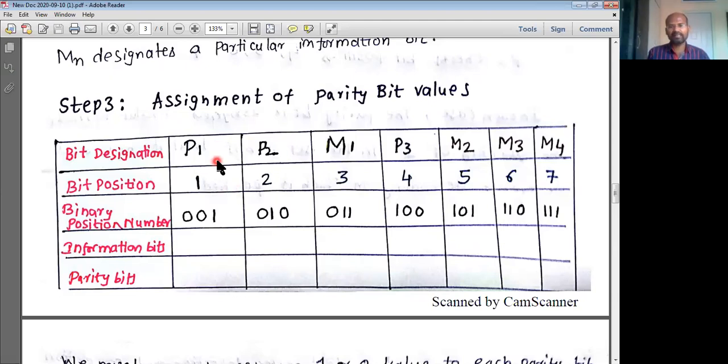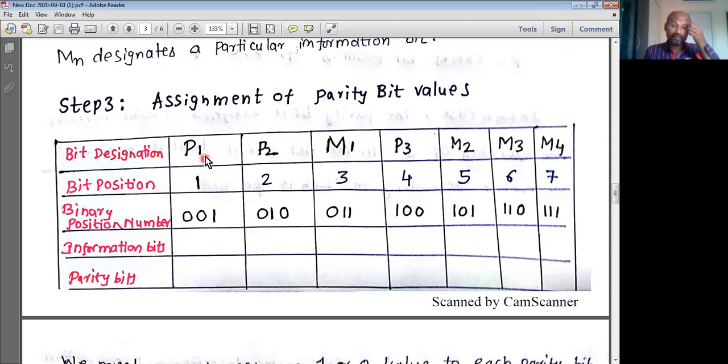Each parity bit has some functionality. This parity bit P1 detects the error and also corrects it in certain bit positions in the 7 bits. If there is any error in any bit place out of these 7, it finds the error in certain bit places.